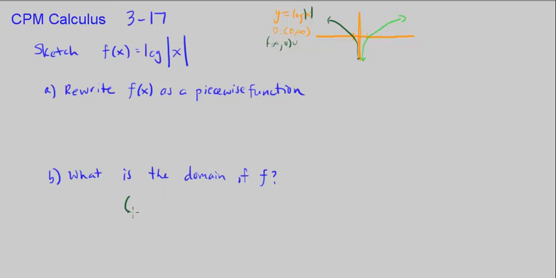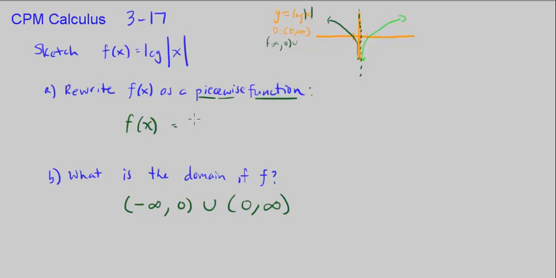Okay, so that's actually part B, because we still have the vertical asymptote here. Part A asks us to rewrite f of x as a piecewise function.